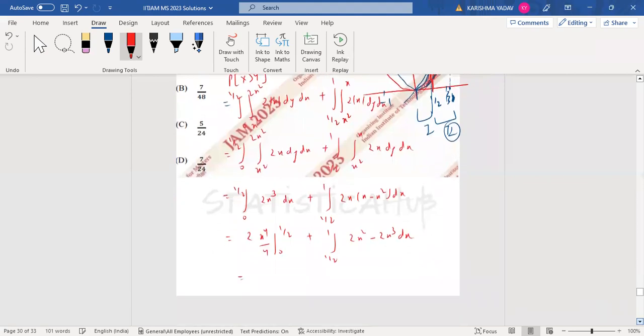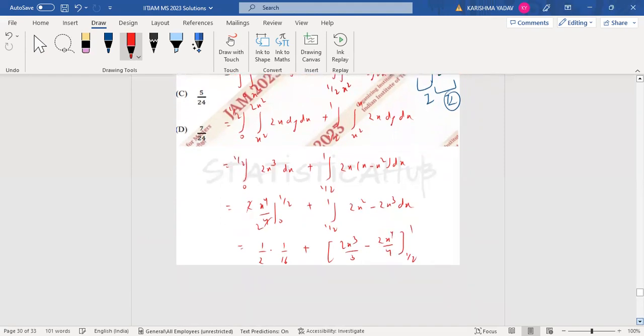This 2 will cancel out, and this will be 1 by 2 into 1 by 2's power 4, that is 1 by 2 into 1 by 16, right? Plus the integration here would be 2x cube by 3 minus 2x power 4 by 4, from 1 by 2 to 1.